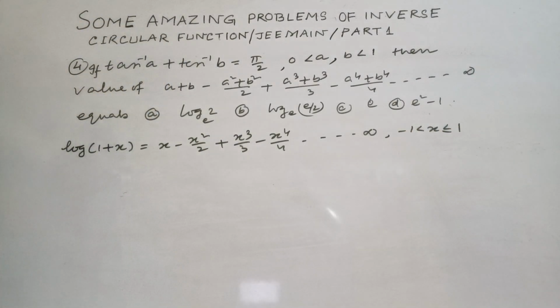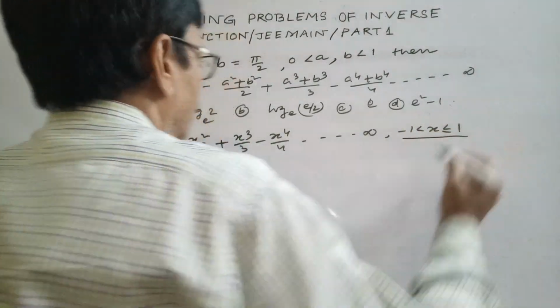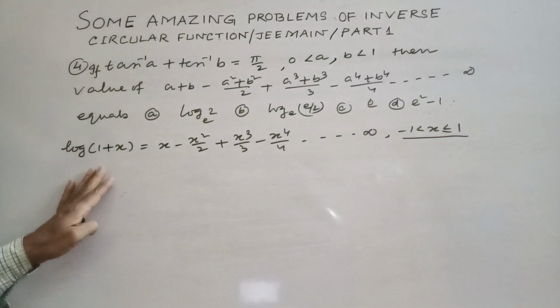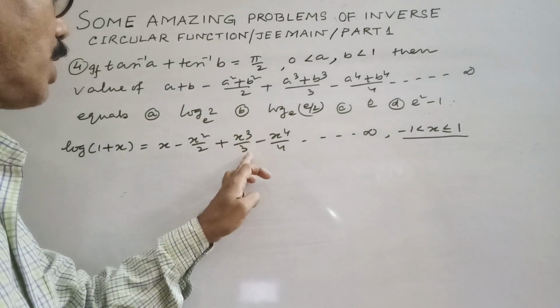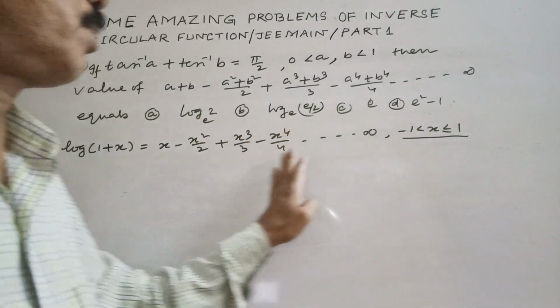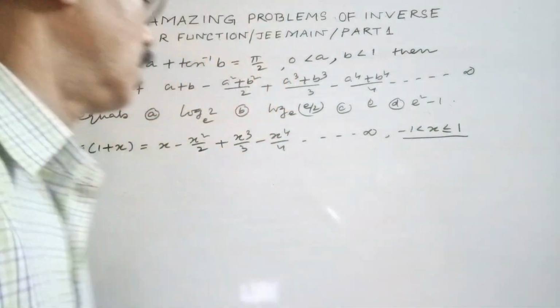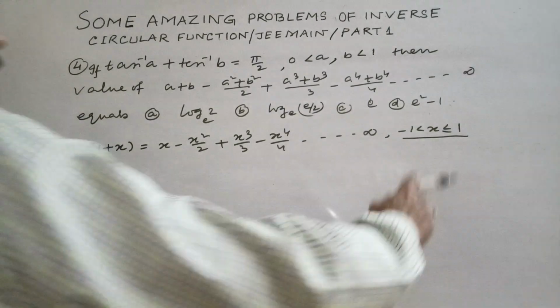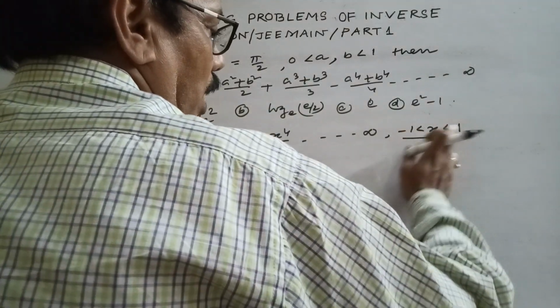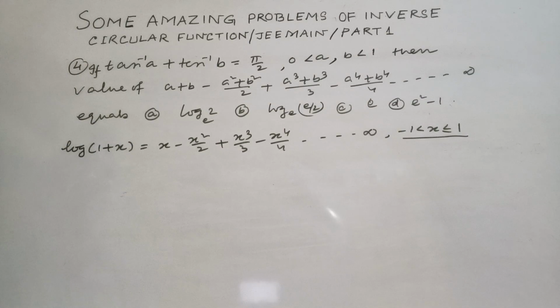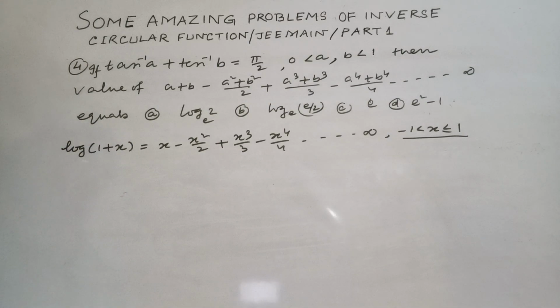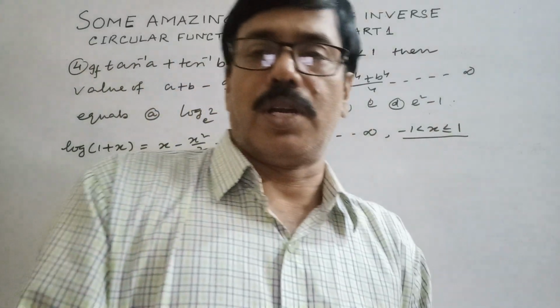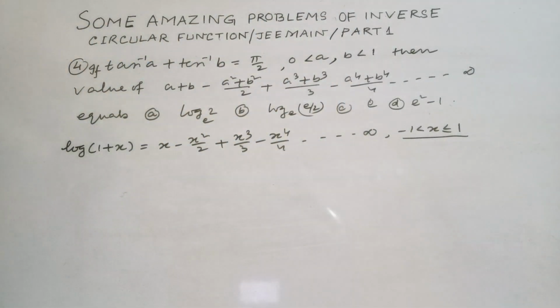This is our relation: log 1 plus x is the sum of the series x minus x square by 2 plus x cube by 3 minus x4 by 4 dot dot infinity, when x lies between minus 1 and 1, minus 1 not included. So this is our working proof.